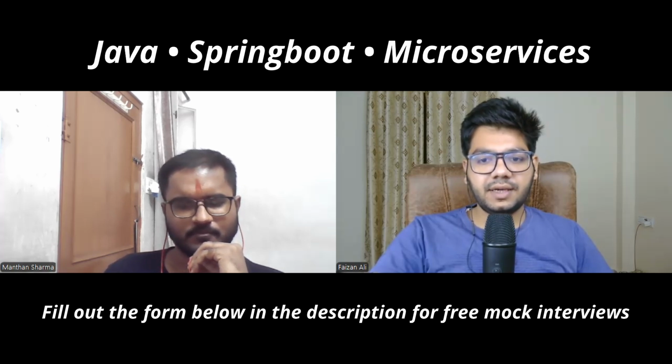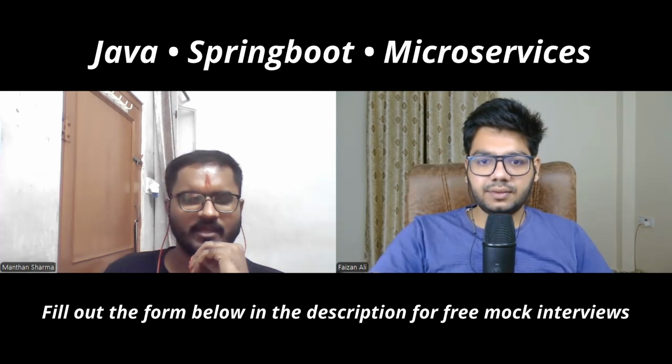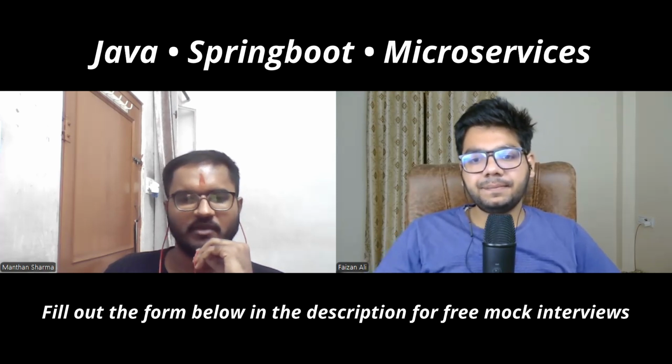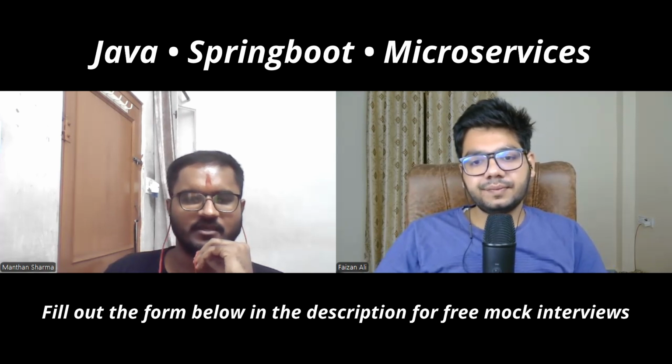How many ways do we have to create an object? There are two most common ways. One of them is using the new keyword, and another one is object cloning.